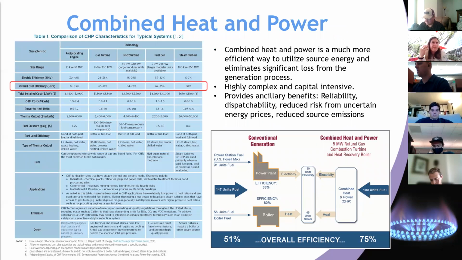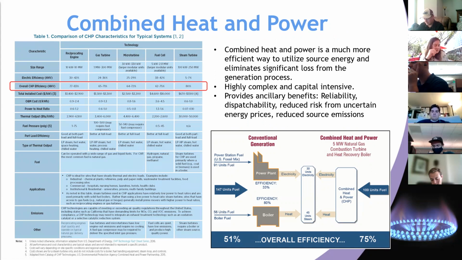There are two other topics I'd like to briefly cover, which is combined heat and power. Combined heat and power is a way of generating both electricity and heat on site, and it does it more efficiently than generating them separately.